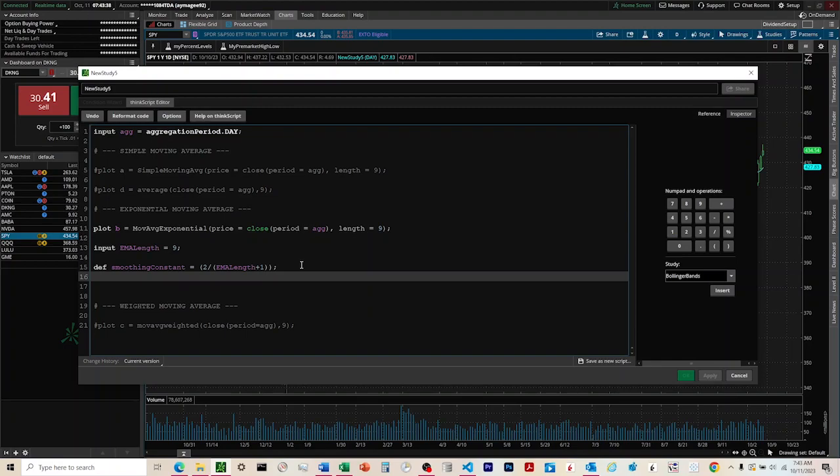Okay, and then with that in, we'll do DEF EMA manual, just giving it a name. It's going to be our smoothing constant times the close. And we're going to put period equals AGG.